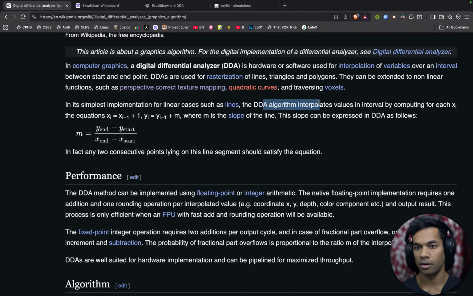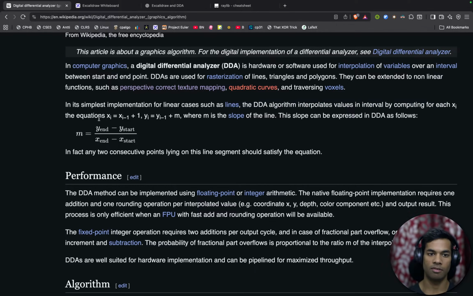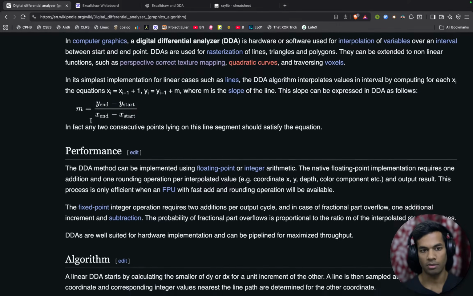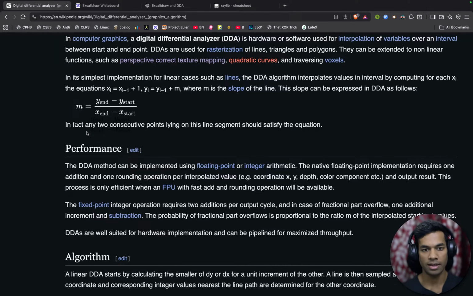Algorithms interpolates values in interval by computing for each xi the equations this and this. Yeah. So in the last x part we are moving one direction to the right, and in the last y part we are moving m points towards the right, which makes sense, where m is the slope of the line. This slope can be expressed in these terms, and that is some latex right there.